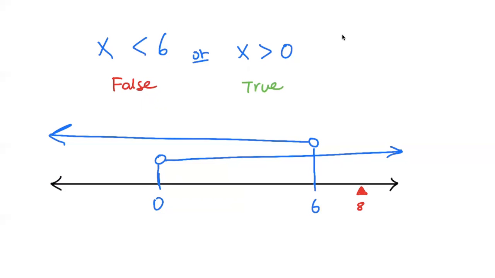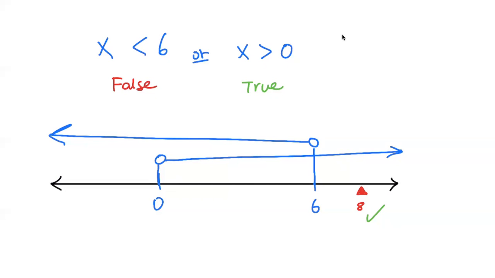And remember that for an or statement, we only need one of the two conditions to be true for the whole thing to be true. So 8 is a good one, which means everything over here is a good one. I'm going to hold on to that so that we keep our picture a little bit cleaner, because we're going to test out some more numbers.